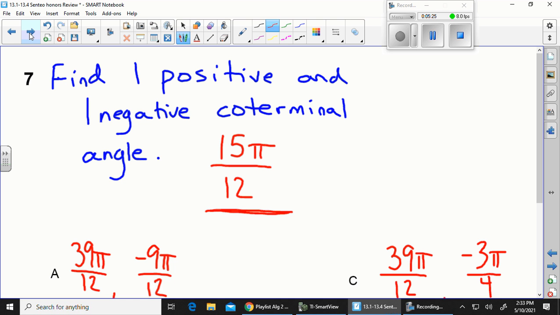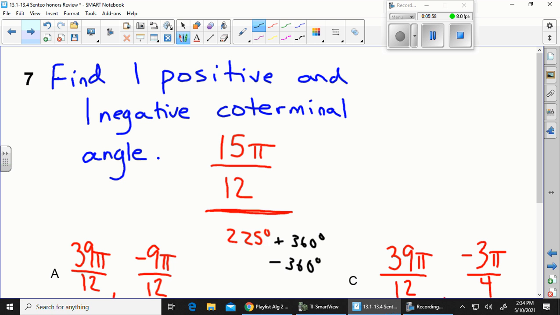Number 7, the majority of you are going to change, I'm sure, 15 pi over 12 to degrees. So if you take 15 pi over 12, that's 225 in degrees. And really that's 5/4 pi, but it's 225 degrees. And then add 360, subtract 360.